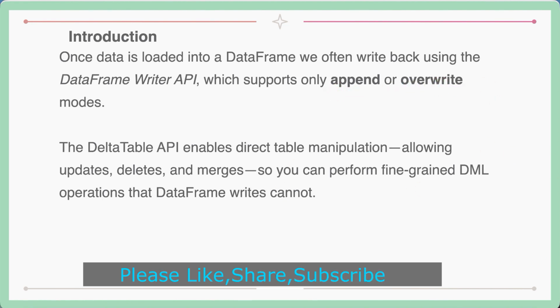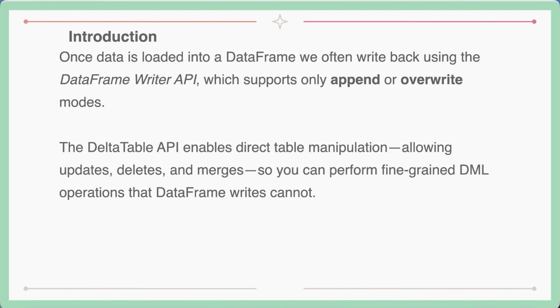This becomes a problem in real-world projects, because in actual enterprise systems we often need operations like updating a specific record, deleting a record, and performing an upsert, meaning combining insert, update and delete together, which is called merge. This is exactly where the Delta Table API becomes extremely powerful.